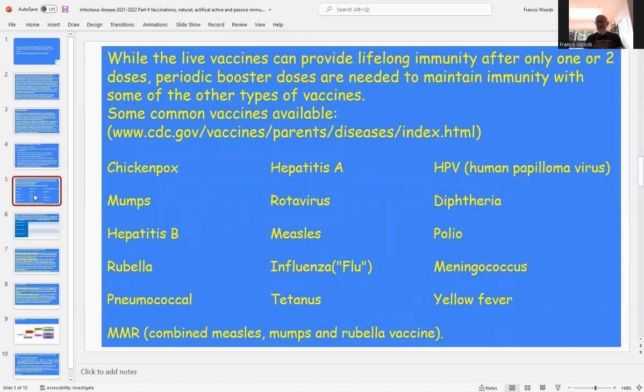Live vaccines can provide lifelong immunity after only 1 or 2 doses. Periodic boosters, as we know with the COVID and the flu, are needed to maintain immunity. That's because these pesky microbes mutate and they change the actual antigens.